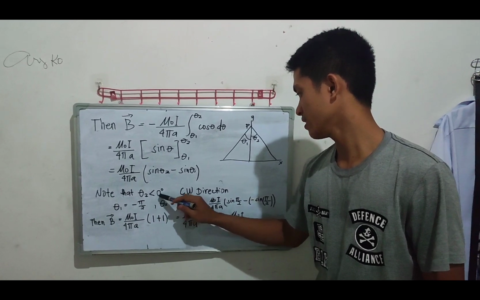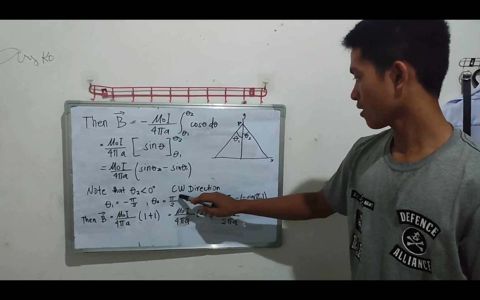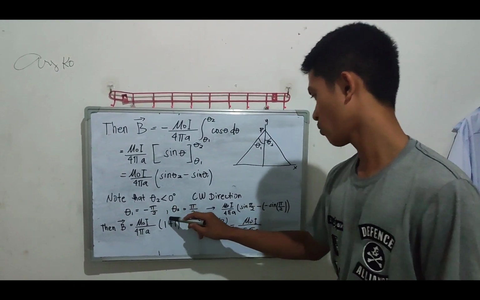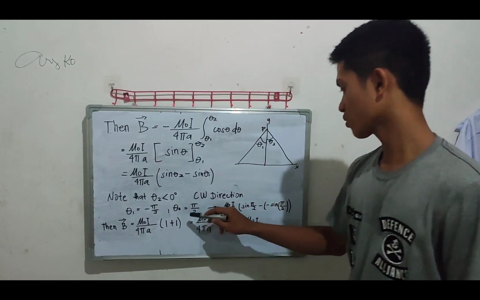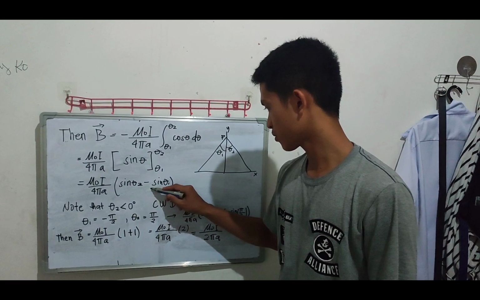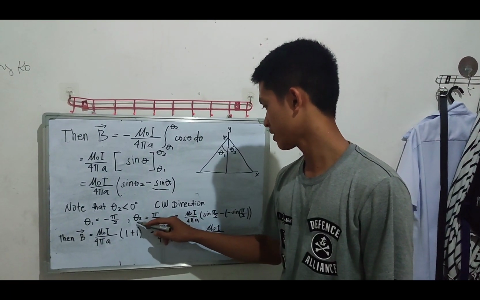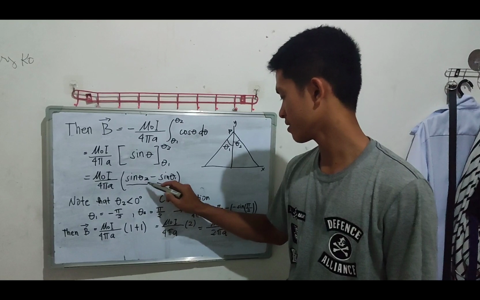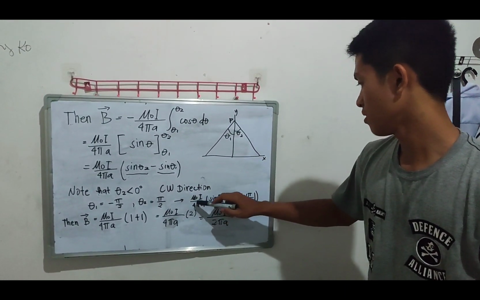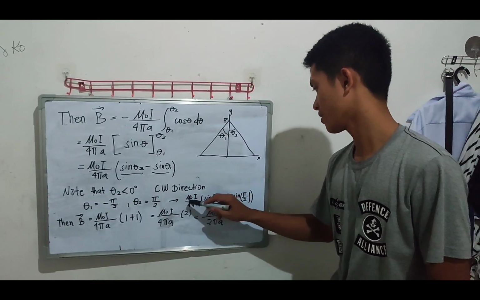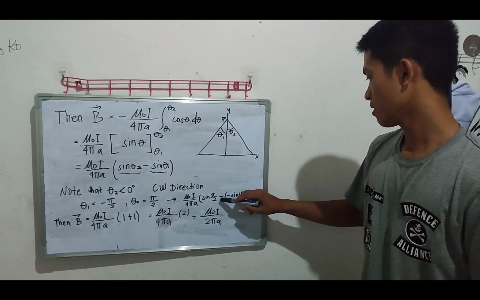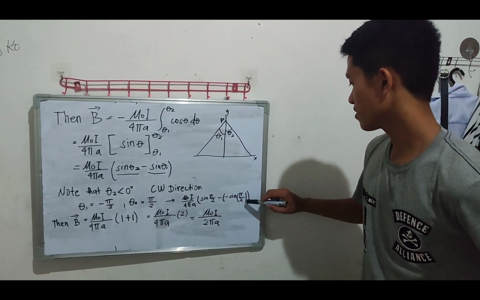Note that theta 2 is less than 0 degrees because of the clockwise direction. Theta 1 is equal to negative pi over 2 and theta 2 is equal to pi over 2. The value of theta 1 is substituted here and the value of theta 2 is substituted here. So mu sub 0 I over 4 pi a times sine pi over 2 minus negative sine pi over 2.